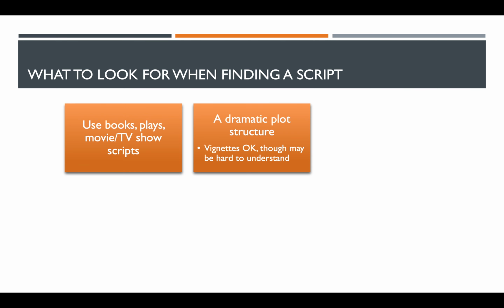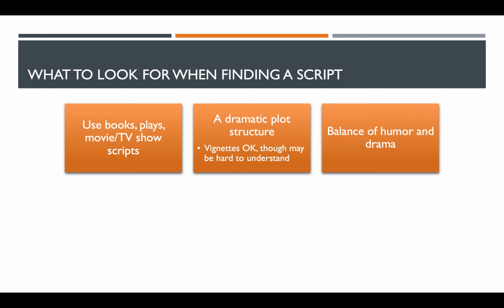Vignettes, which are sort of short stories, are also okay, though maybe a bit hard to understand. We'll get into this a little bit later when we talk about the structure of a duo and how to cut your duo. So hold on to any thoughts about vignettes and the dramatic plot structure for now.